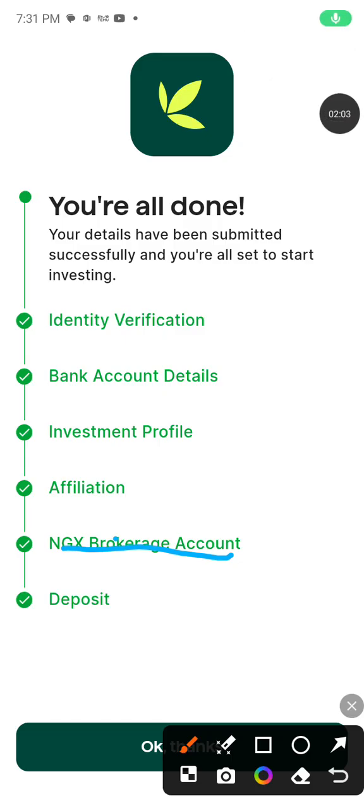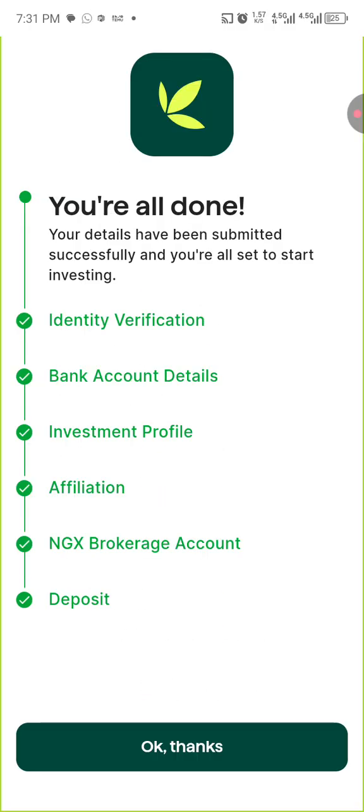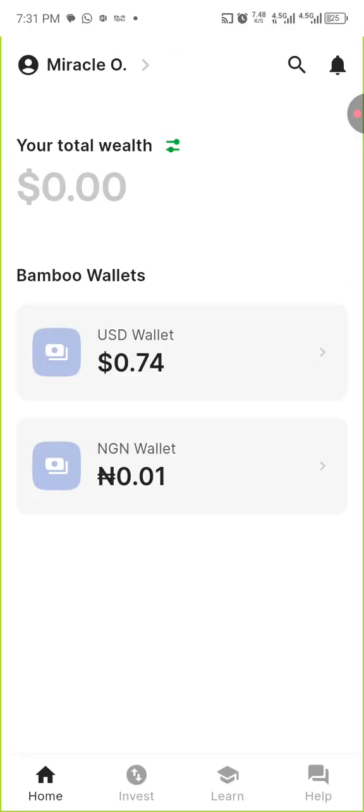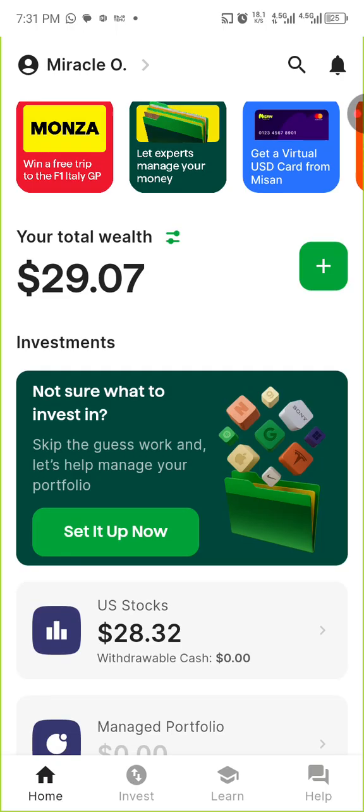That's because now the Nigerian stocks are equally listed on Bamboo, but personally I only use my Bamboo for US stocks. So this is the home page.